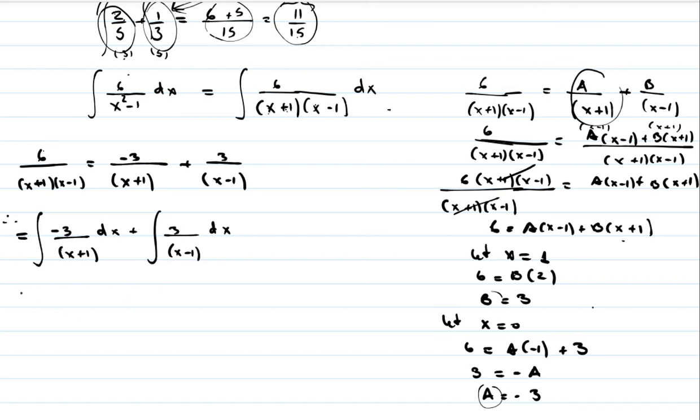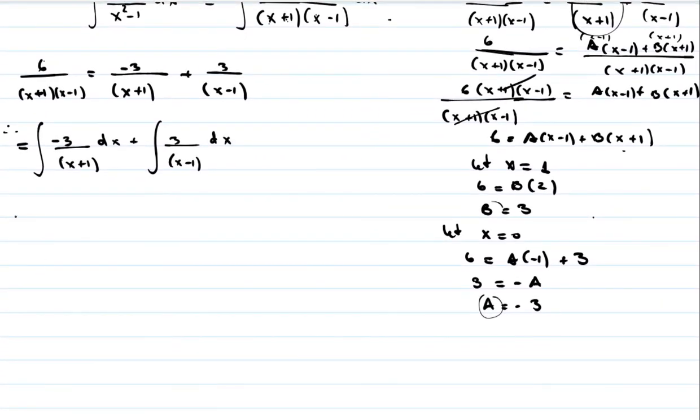Now, as you can see, this is going to be equal to, this is a constant, so it comes outside, minus 3, and then here we're going to have dx divided by x plus 1, plus this 3, which is also a constant, so it comes out, the integral of dx divided by x minus 1, right? So this is going to be equal to minus 3.